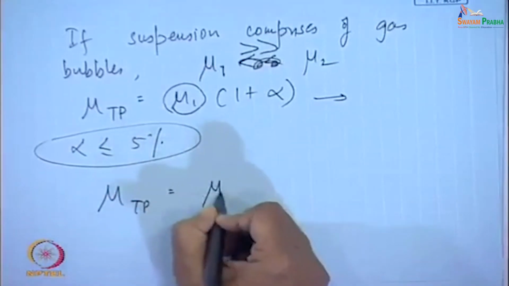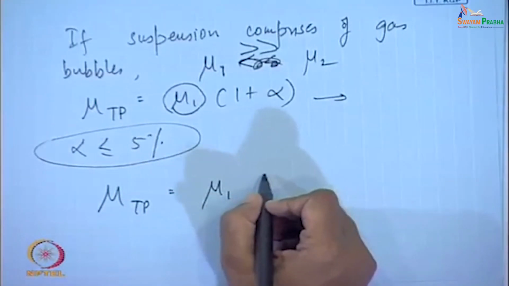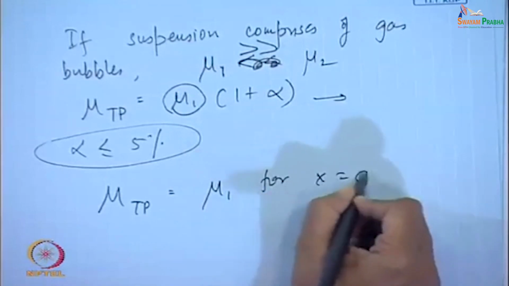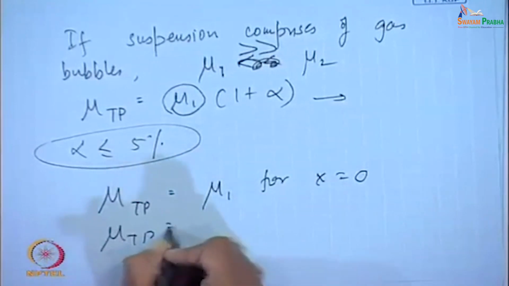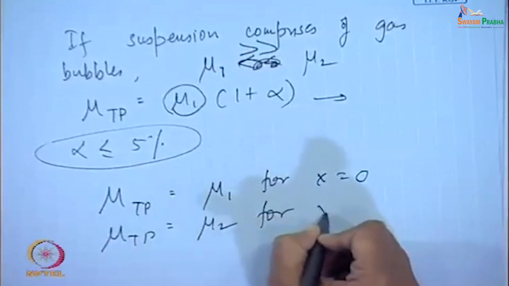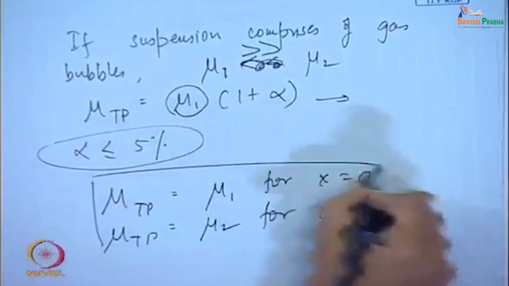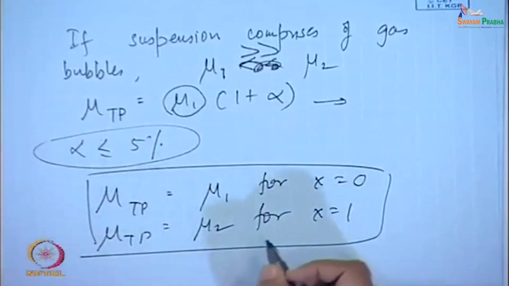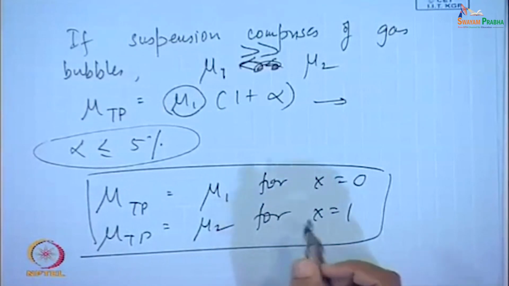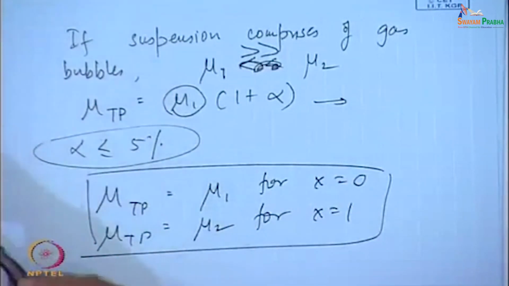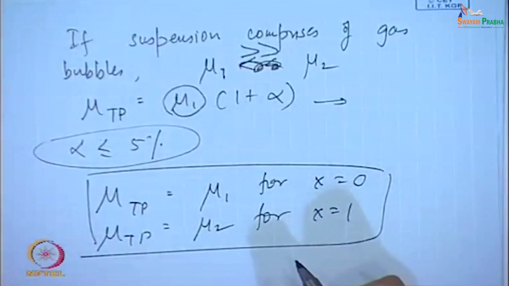Limiting conditions are mu TP equals mu 1 for x equal to 0, mu TP equals mu 2 for x equals 1. Just because these two conditions were not applicable, we had to shift from FLO to FTP, isn't it?